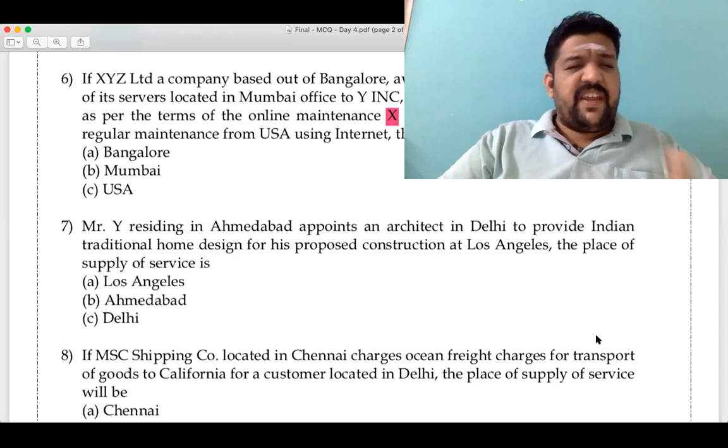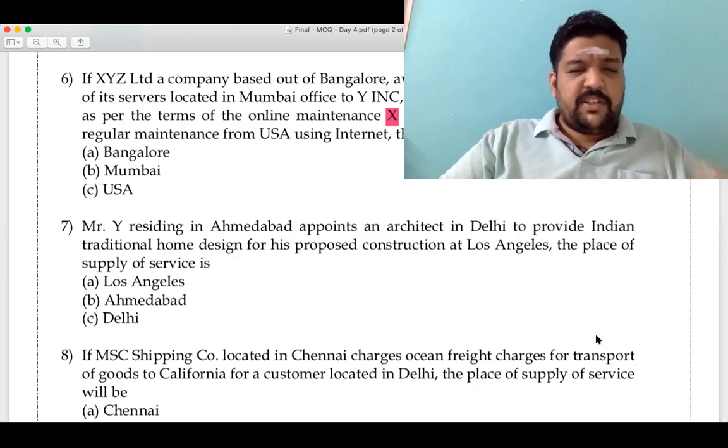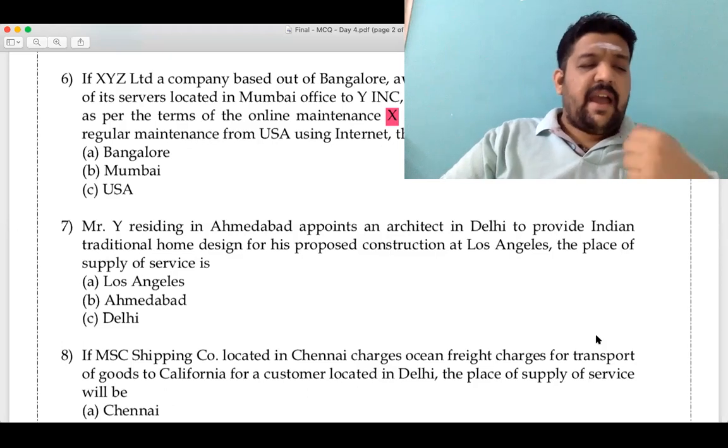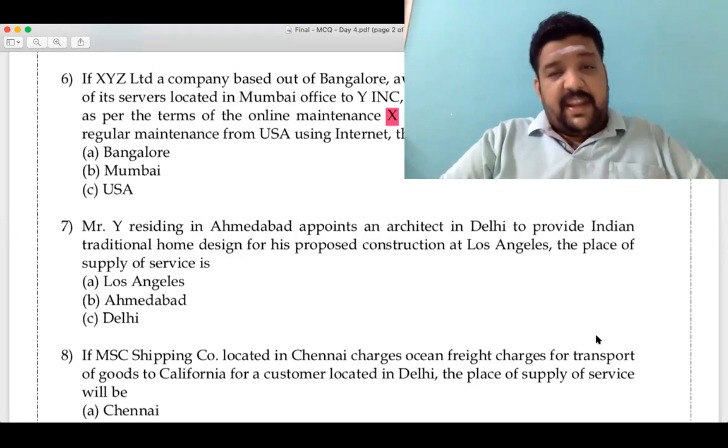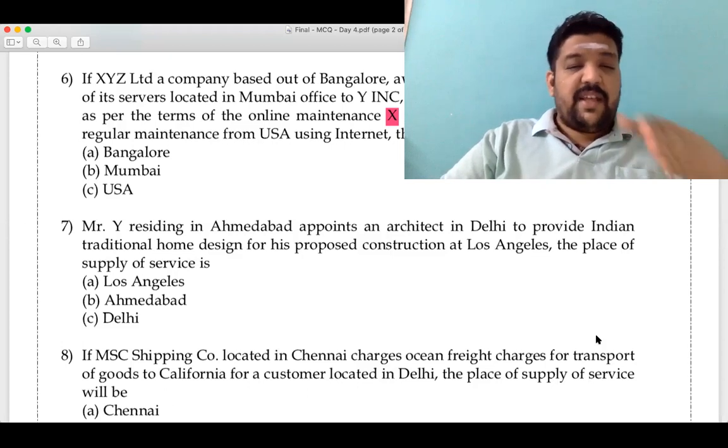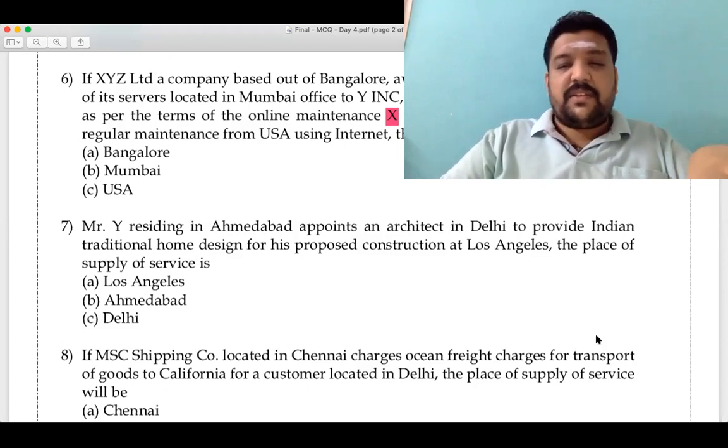By this time, various thoughts will go into your head. Location of supplier, location of recipient. So you will zero in on whether section 12 is applicable or 13 is applicable. If section 13 is applicable, then what kind of service?